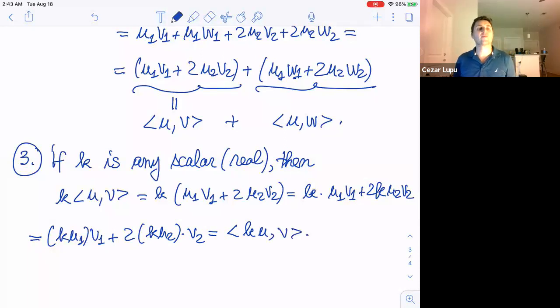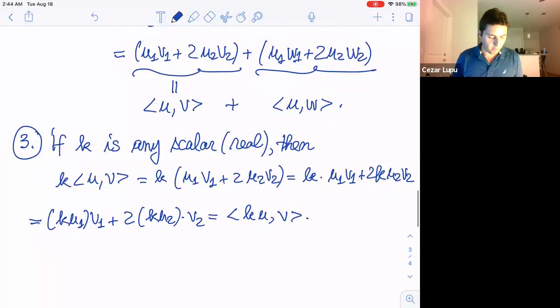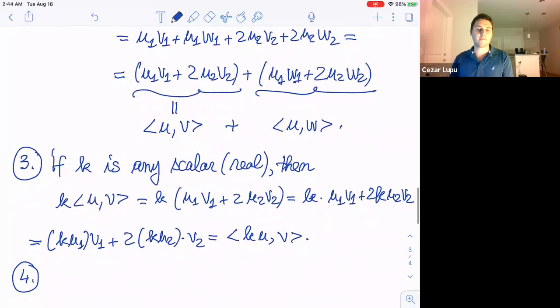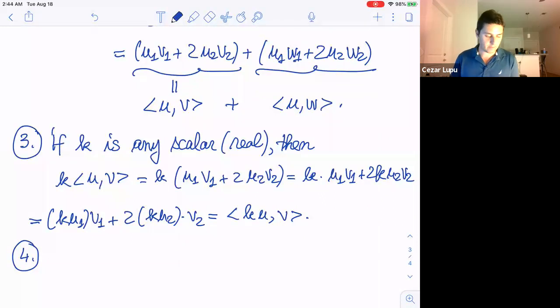So we have shown that k times the inner product between u and v is the inner product between ku and v.